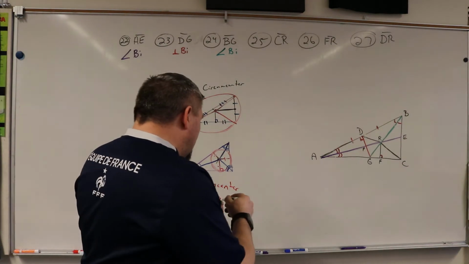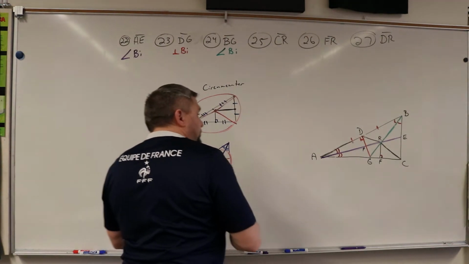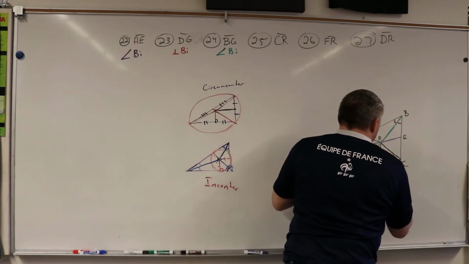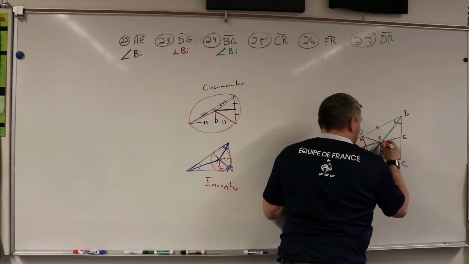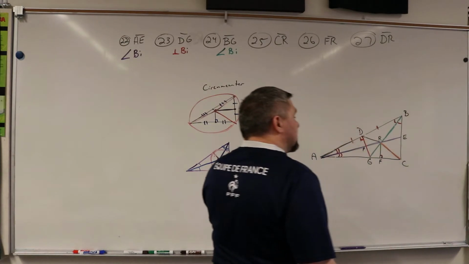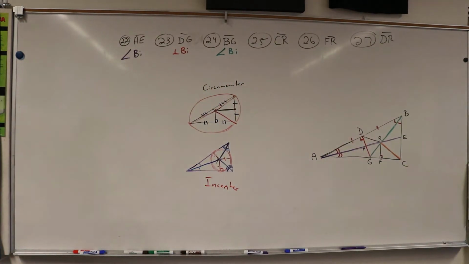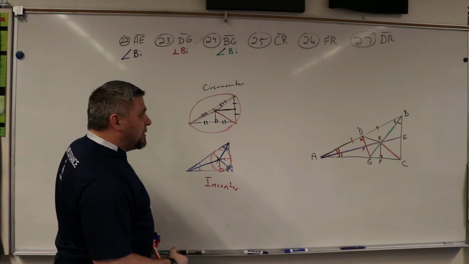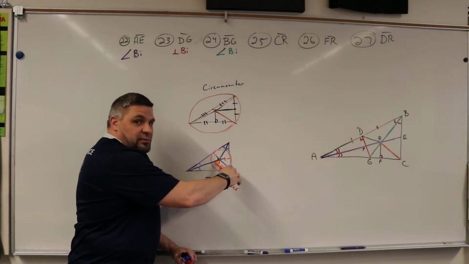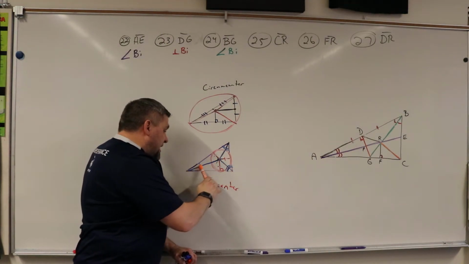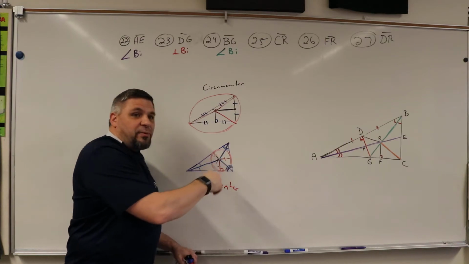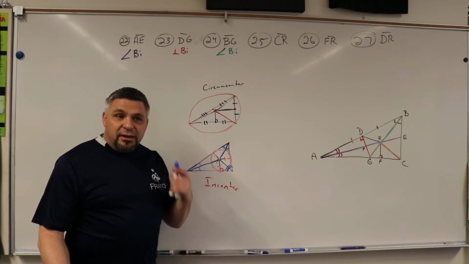All right. And CR. Now, this one's a little harder. So let's talk about this one really quick. What's going on here is when you cut this in half and you cut this in half, they intersect at what's called the incenter, right?